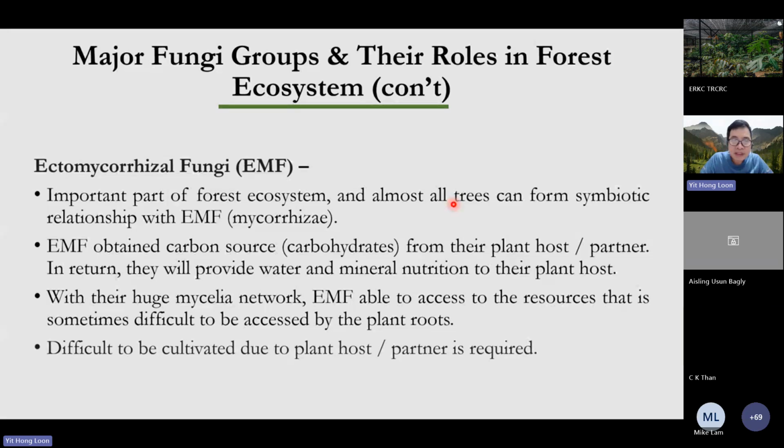So how the symbiotic relationship works, actually, the mycorrhizal will obtain the carbohydrates from the plant. Plant will do the photosynthesis job, convert the energy to sugar or carbohydrates.